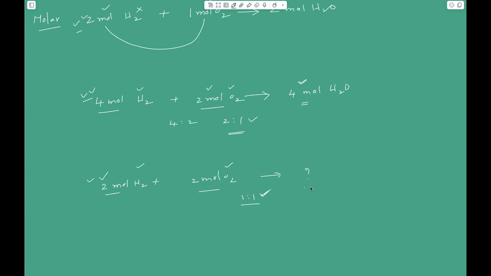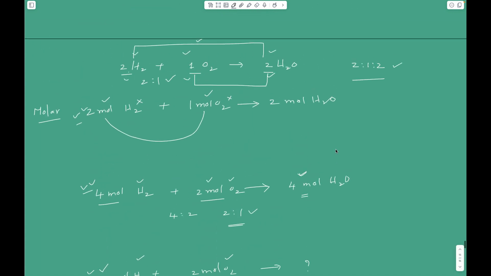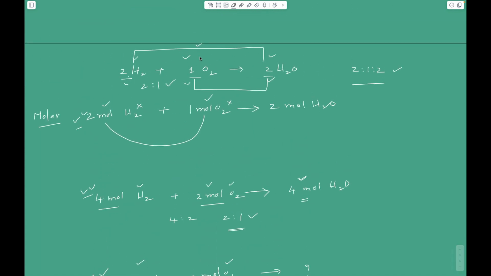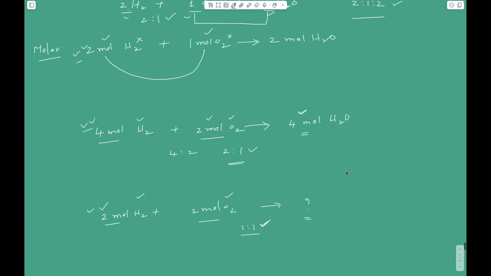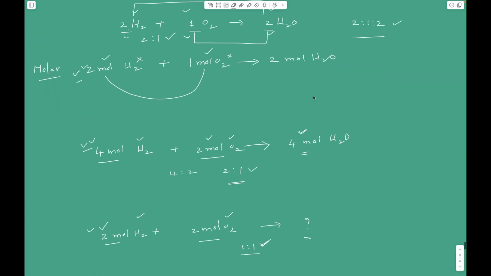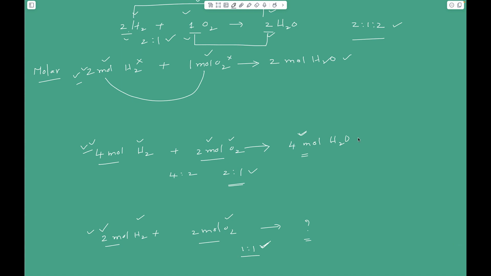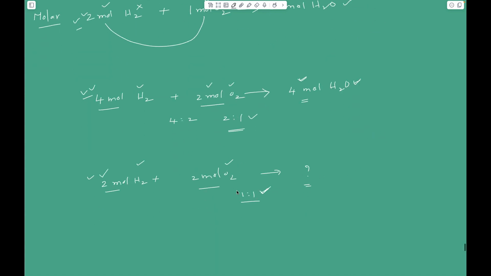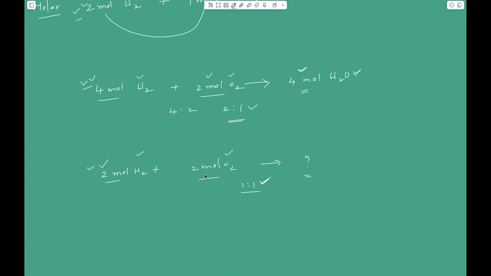So in this case, how do I estimate the amount of water formed? Can I use any of these two relationships to estimate the amount of water formed the way I did in these two cases? Let us give that a try. Let us go with the number of moles of oxygen.